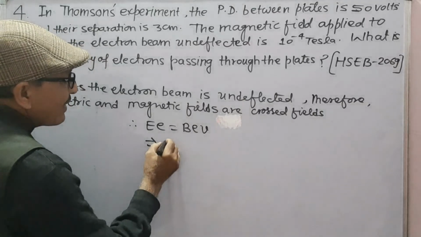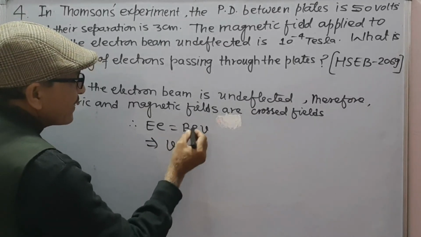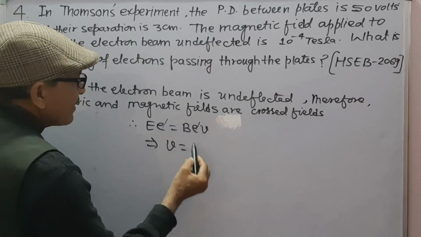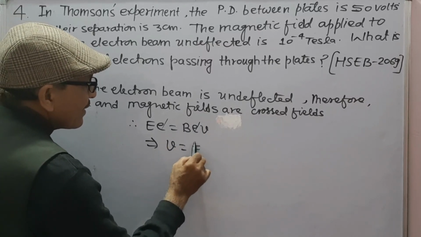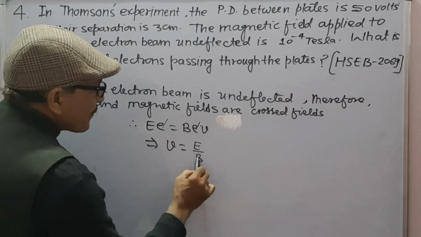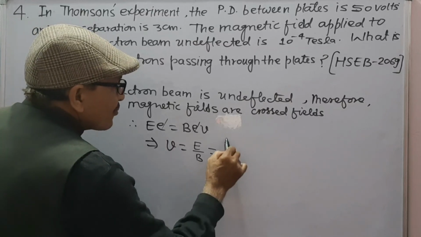This gives velocity v as E cancels out. v is equal to E upon B, because E is equal to V by d.